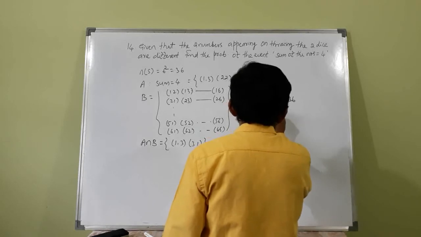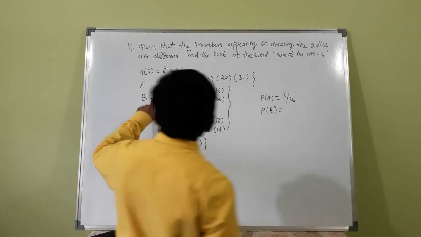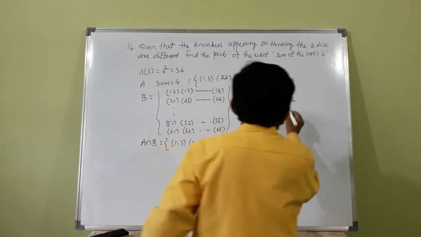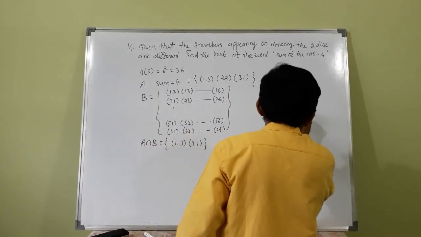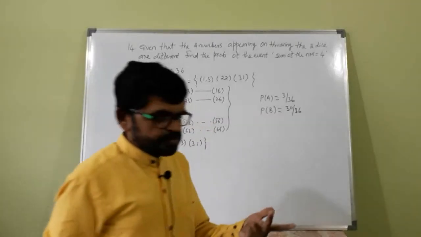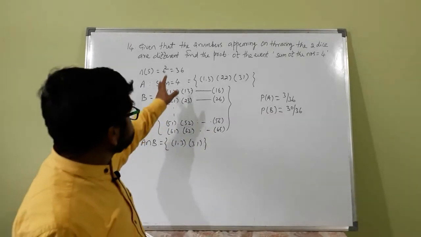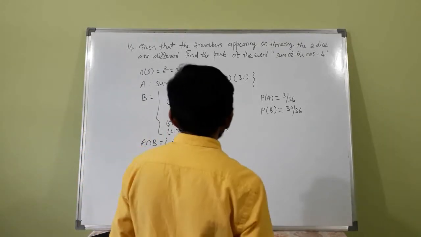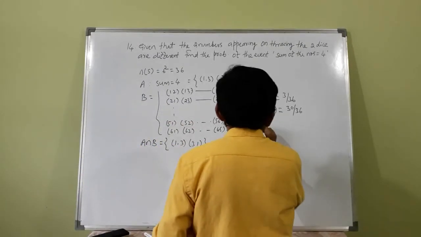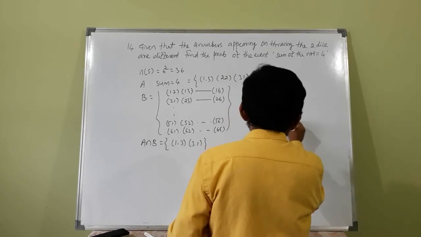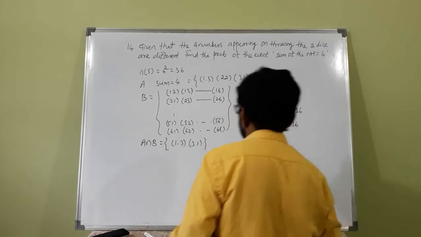Probability of B is, how much is it? 5 in each row, 6 rows, 30. 30 by 36. 1,1, 2,2, 3,3, 4,4, 5,5, 6,6 are not allowed. 36 minus 6, that is 30. Probability of A intersection B is equal to 2 by 36.